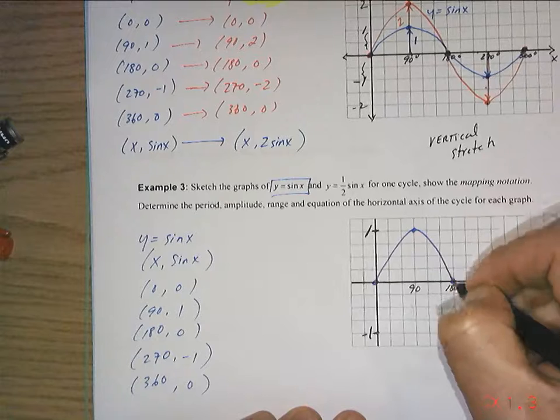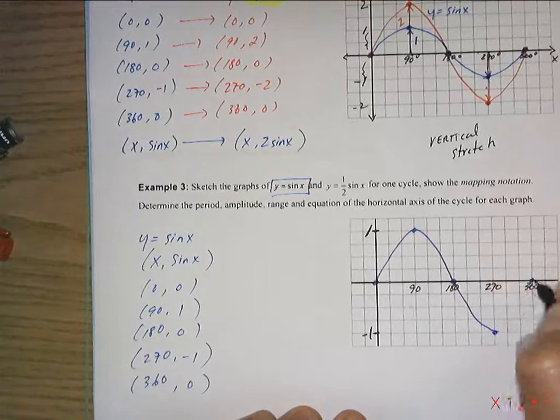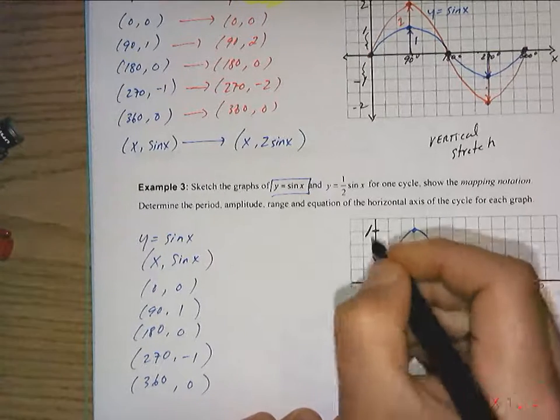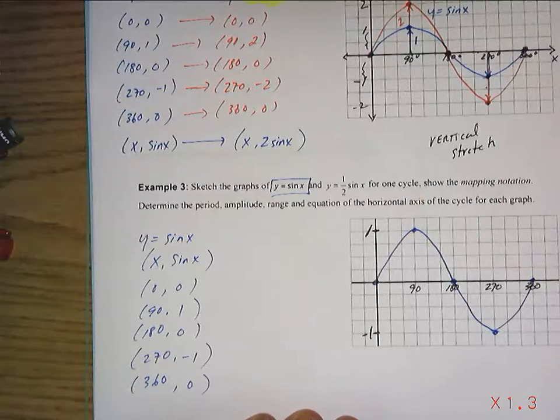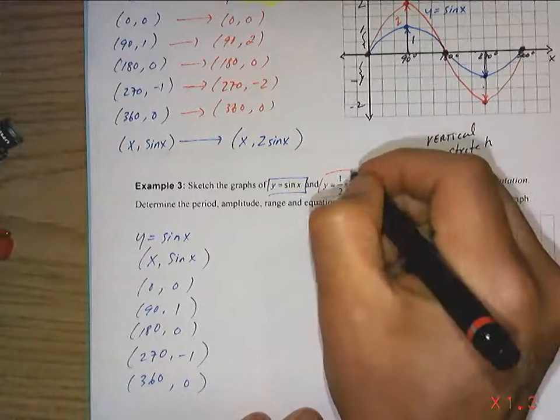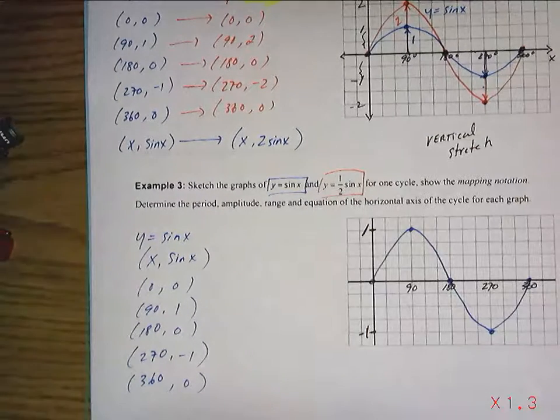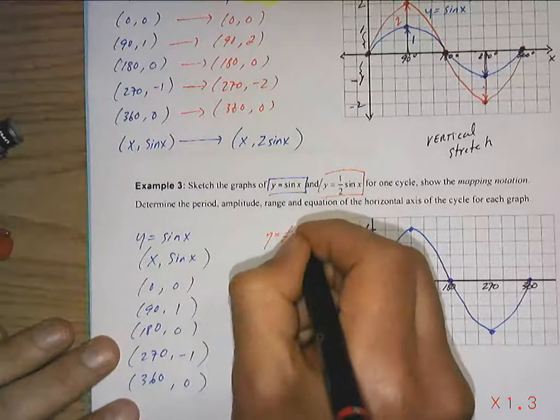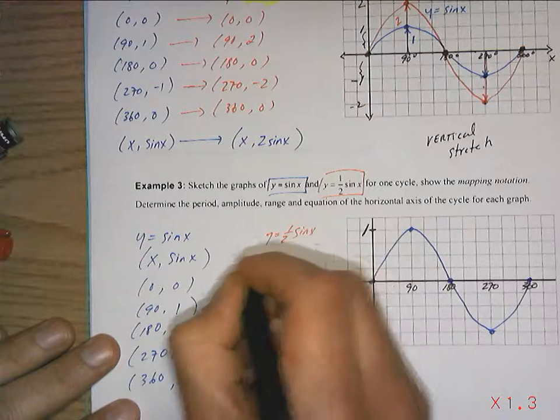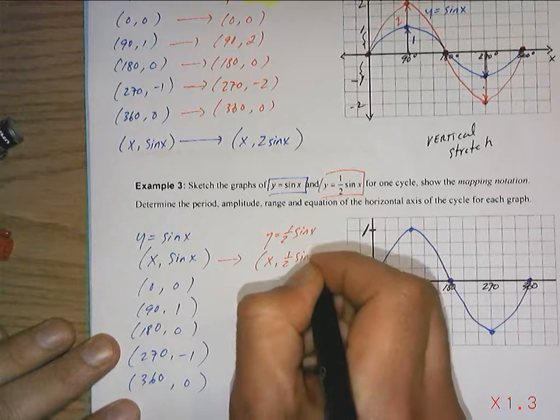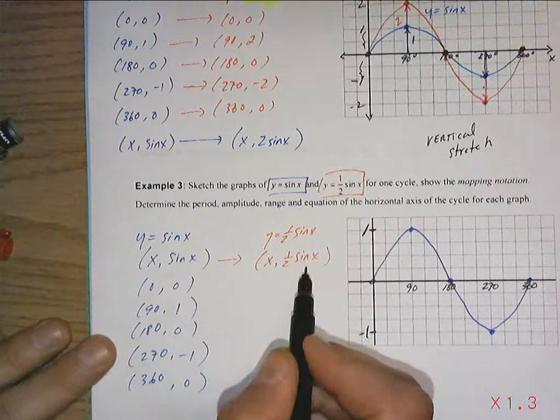Now, this still only has an amplitude of 1, even though my scale is bigger, okay? I'm only going up to 1. When I look at a = 1/2, though, what happens is each of these points gets changed to 1/2 of sine x.